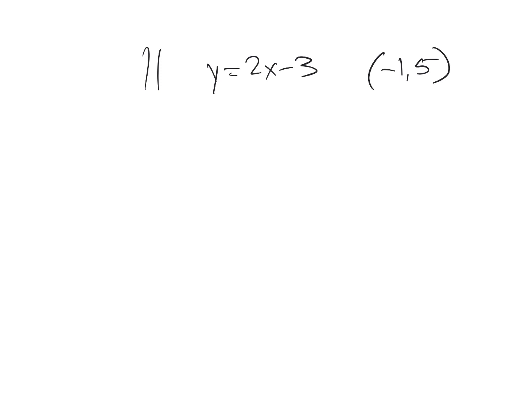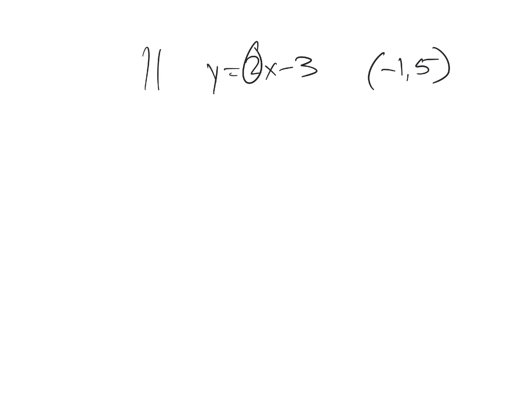So whatever equation they give you needs to be in slope-intercept form, which is what we've been talking about. So what's the slope of that line? 2. So the slope of this line is 2. That's the only reason that equation is in the problem. I don't care about the -3. I only want its slope.